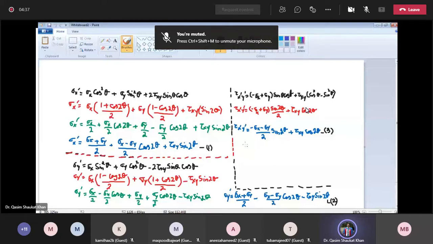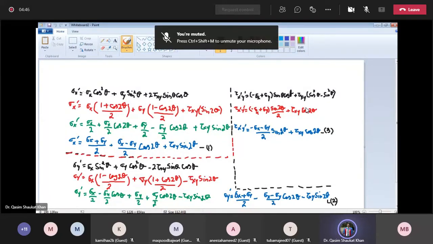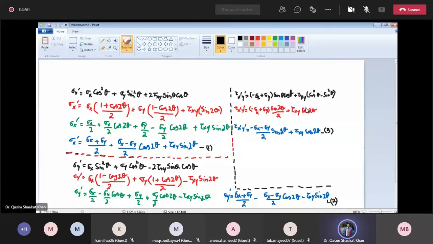Last time we had derived these derivations. Sigma x dash is equal to sigma x cos square theta plus sigma y sin square theta plus 2 tau xy sin theta cos theta. Then we derived sigma y dash is equal to sigma x sin square theta plus sigma y cos square theta minus 2 tau xy sin theta cos theta.